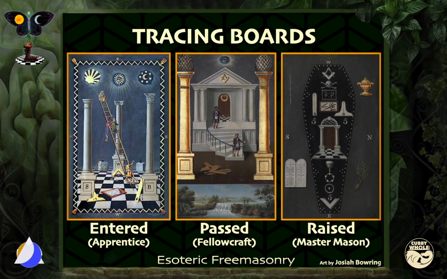And yeah, Josiah Bowring is a master Masonic artist, and I definitely recommend studying these boards because they are going to help us trace ourselves out. That's what they're meant for.